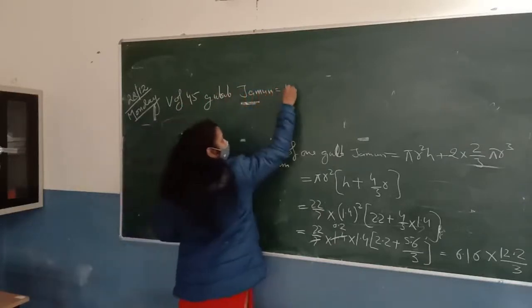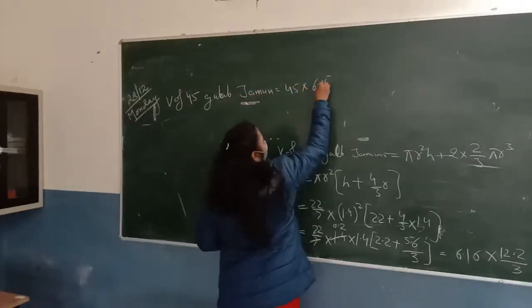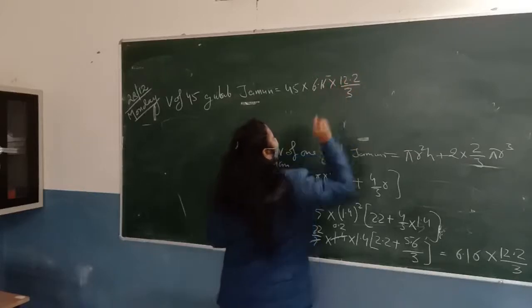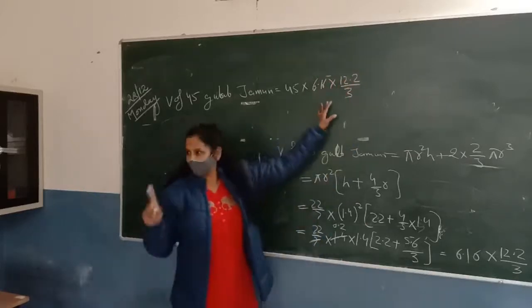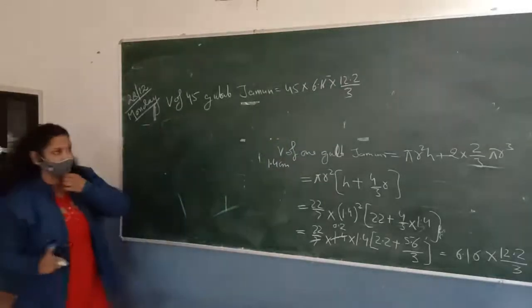It will be 45 multiplied with 6.16 into 12.2 upon 3, because this is the volume of 1 gulab jamun. You have to find the volume of 45 gulab jamun.